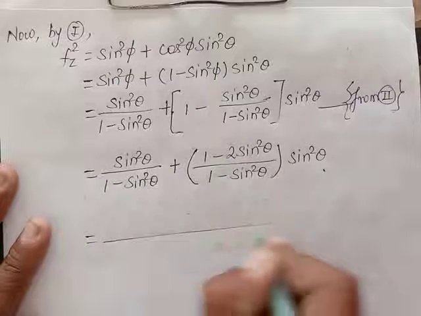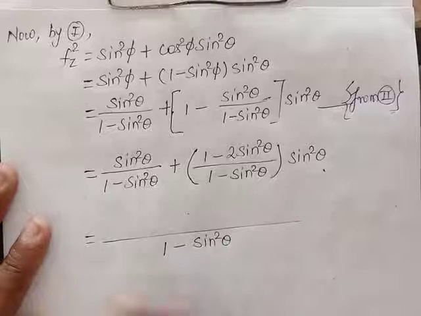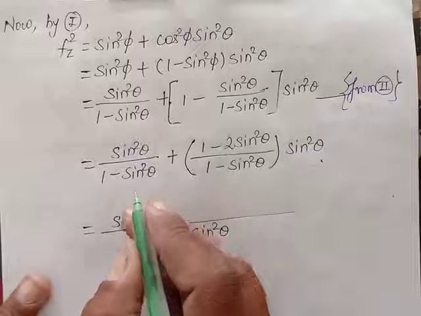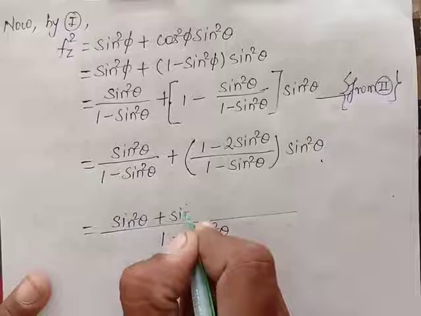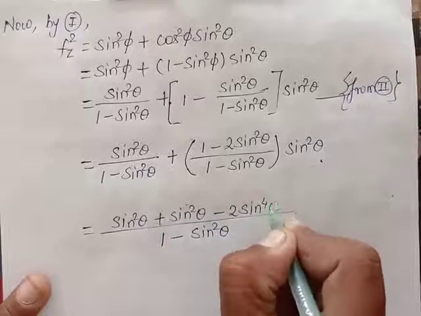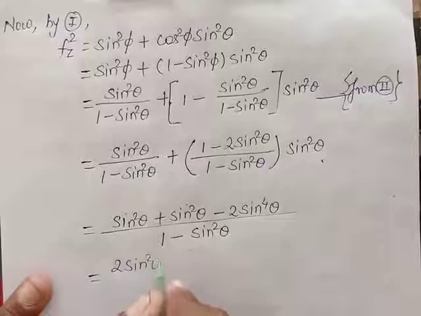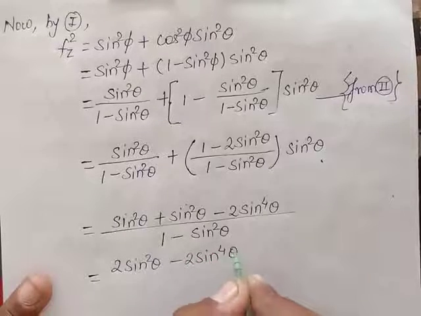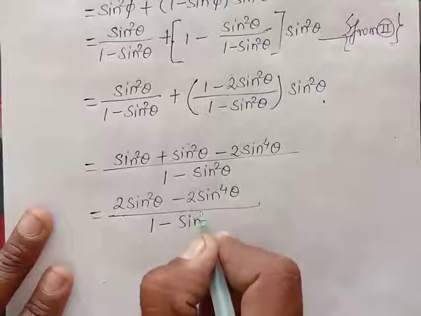Now let us take denominator common, 1 minus sine square theta. What is here? It will be sine square theta plus sine square theta minus 2 sine raised to 4 theta. So it will be 2 sine square theta minus 2 sine raised to 4 theta upon 1 minus sine square theta.